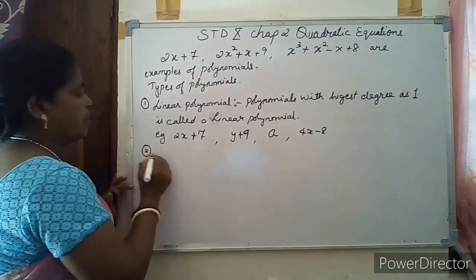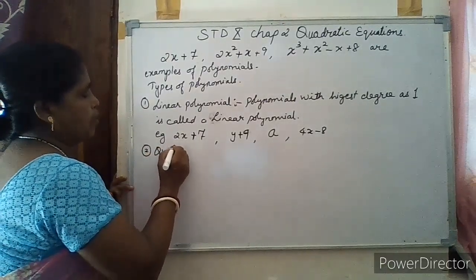Now let us go with the second type, that is quadratic polynomial.